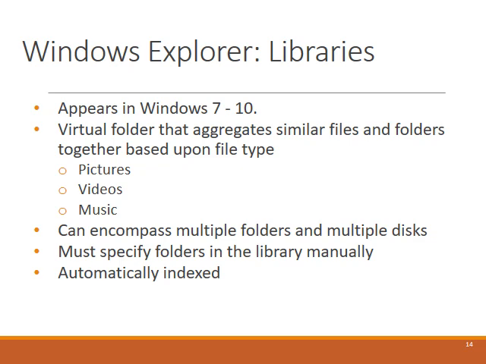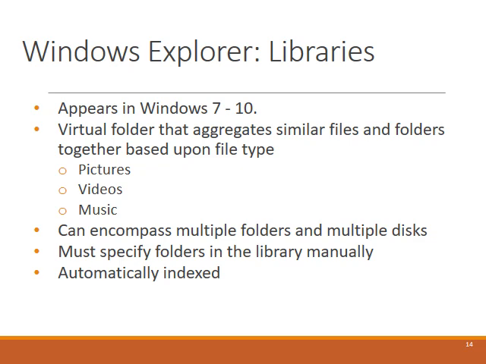You can configure your virtual folders such that when you click Pictures, it shows you all the pictures you have on your computer, regardless of where the file physically resides in the file system. It's a good way to set up a quick one-stop shop for media, so things like pictures, videos, and music.